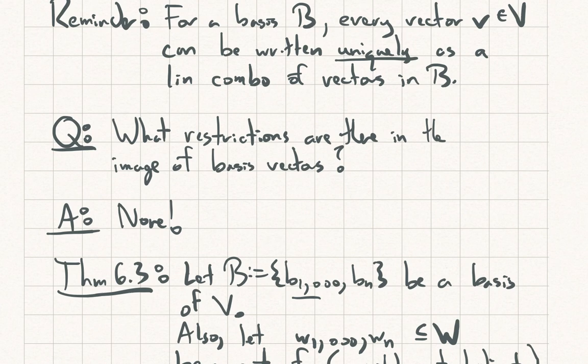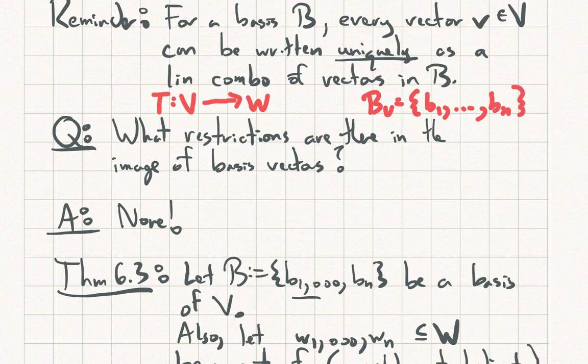Because it's a basis, there's only one way of writing a vector as a linear combination. And a natural question to arise is, well, if we do have a basis in V, let's say we have a linear transformation T that goes from V to W, and let's say we have some basis of V, let's call it B1 all the way to Bn.